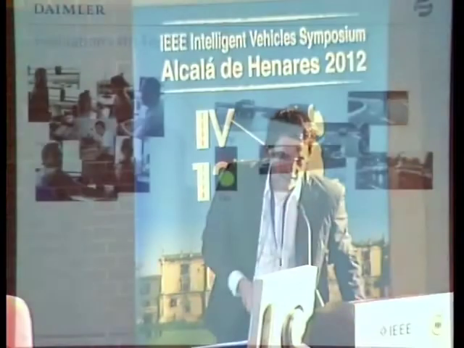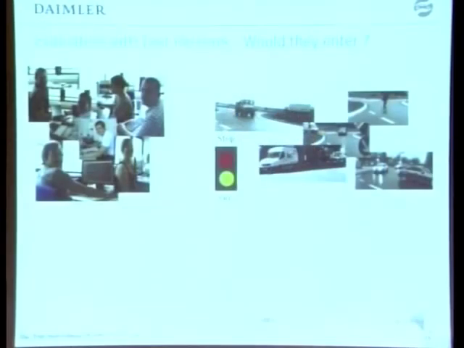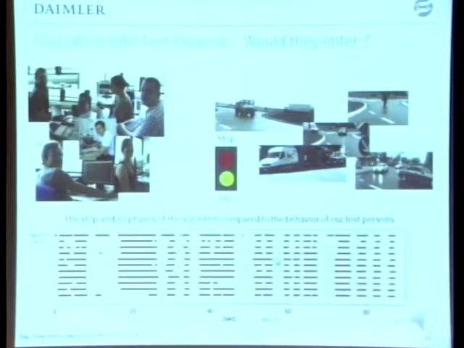At the end, we evaluate our procedure with test persons. In this case, we use our bachelor and master students, and they look at our video sequences and tell us if they would enter the roundabout or not, and so we get the time windows where they would enter the roundabout or not. Here are our results.